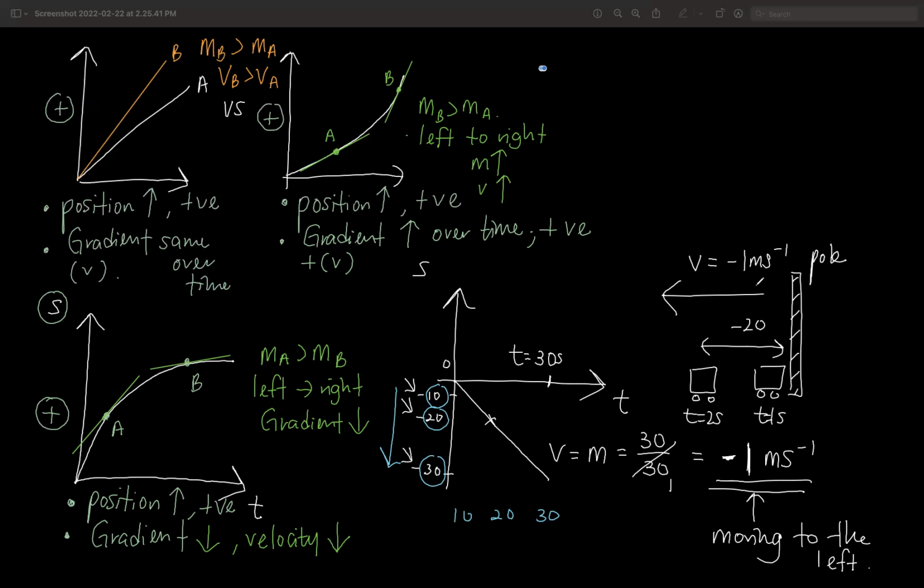Right? So these are the few types of graph, the common ones that will be asked in the question. All right, 1 minute, and I will show you a few examples of the displacement-time graph.